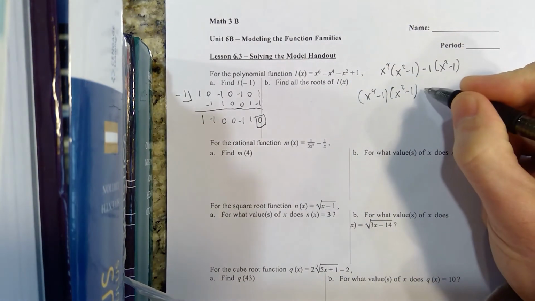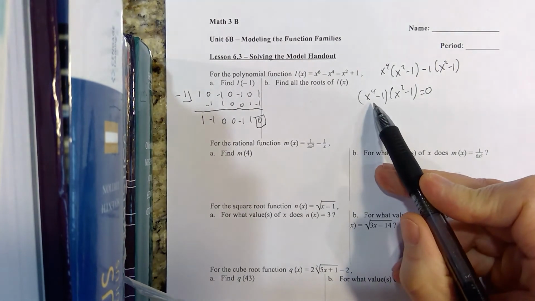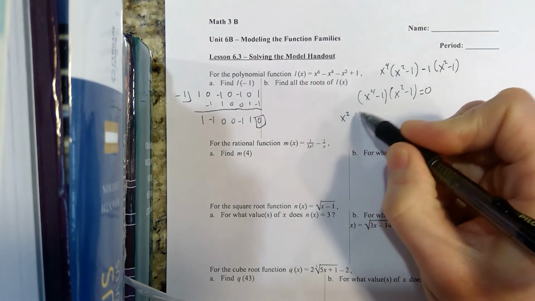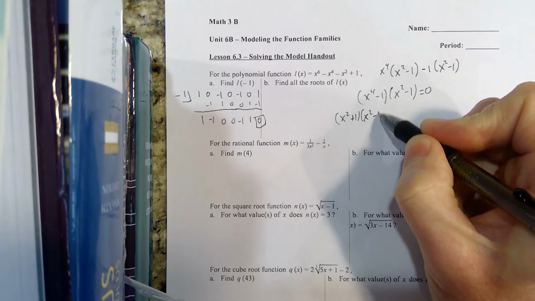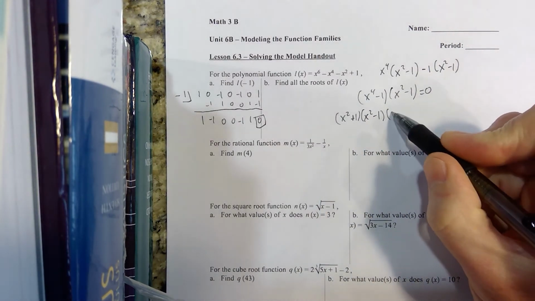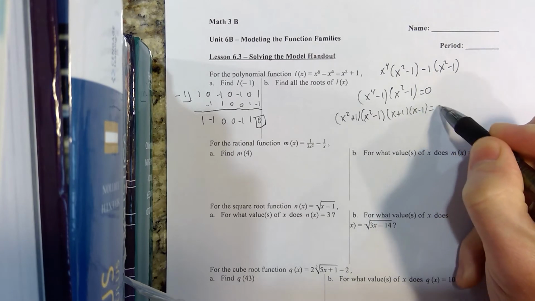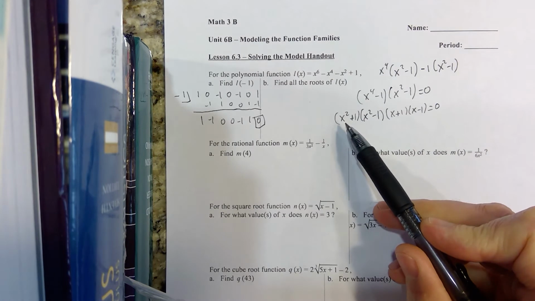Okay, oh, and we're finding roots, right? So that means equals 0. Okay, I got a difference of squares here. I got a difference of squares there. And I have yet another difference of squares here. That's a sum of squares.